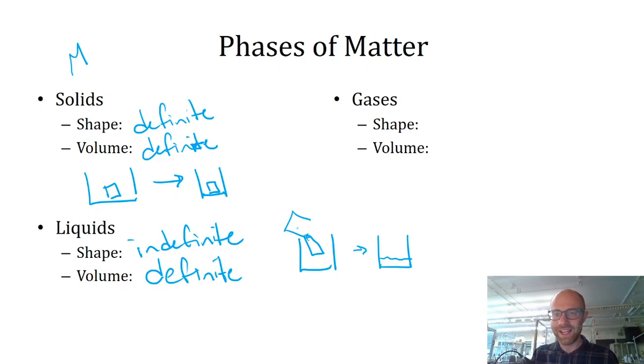For gases, this is kind of interesting. The shape is, of course, indefinite. In much the same way as a liquid, you put it into the container and the shape of the actual gas itself changes. But more interestingly, the volume is indefinite as well.